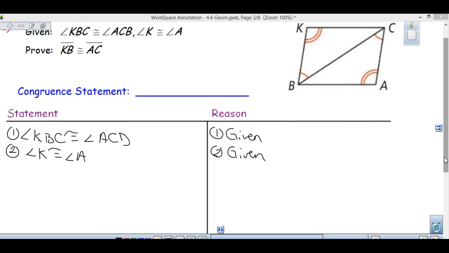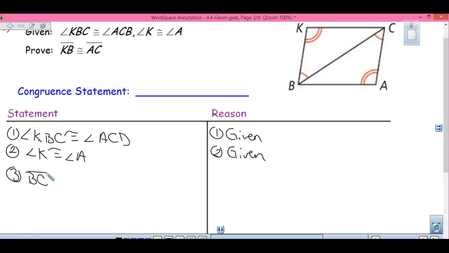What about BC? Well, we don't just write BC. What do we write? BC is congruent to BC. Why? Because that's reflexive. So I've got that there.